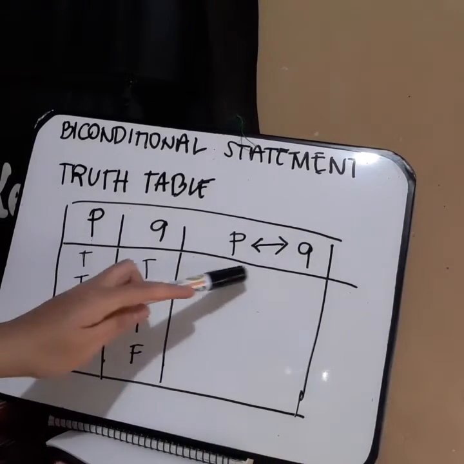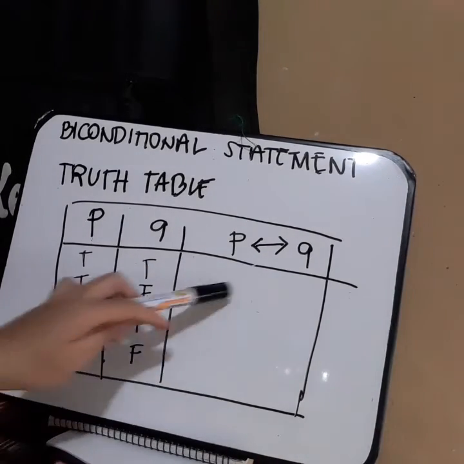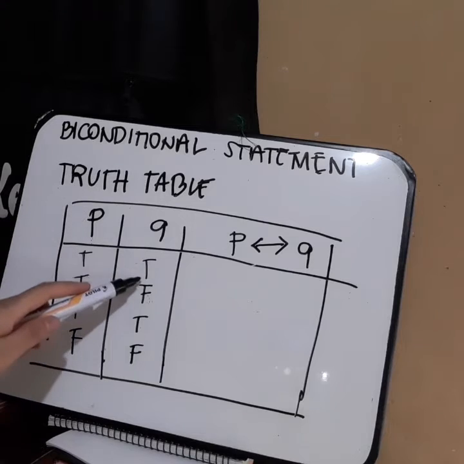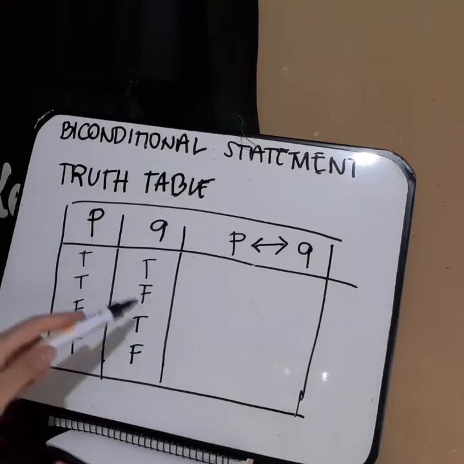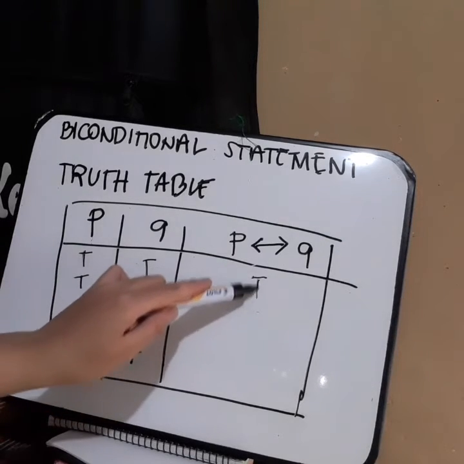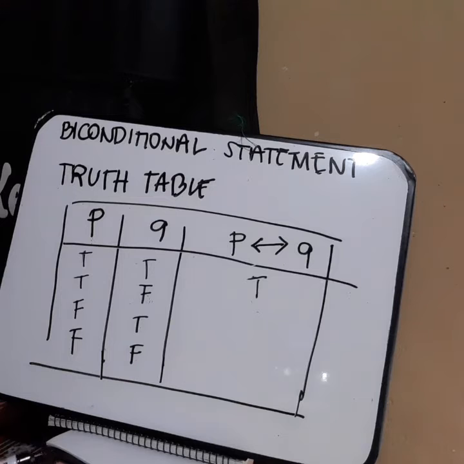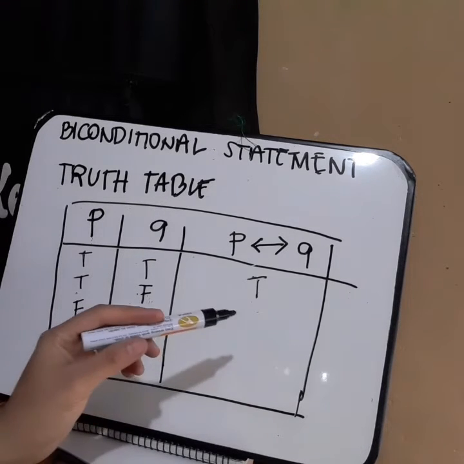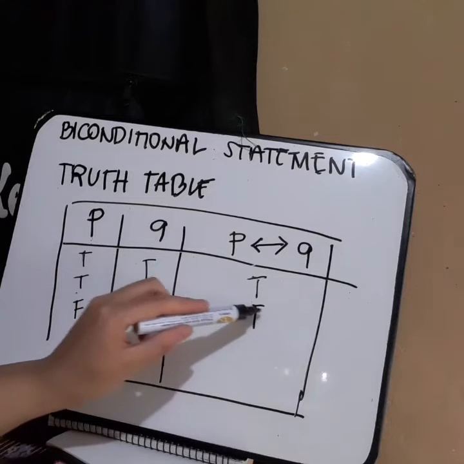So, P if and only if Q. How are we going to get the answer? Let's look at the table. If the statement P and the conclusion are both true, then the answer is true. If true, false, the answer will always be false.